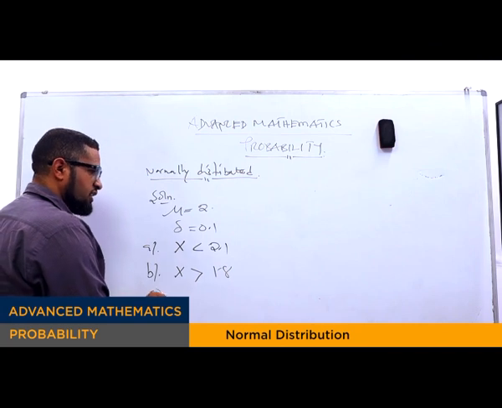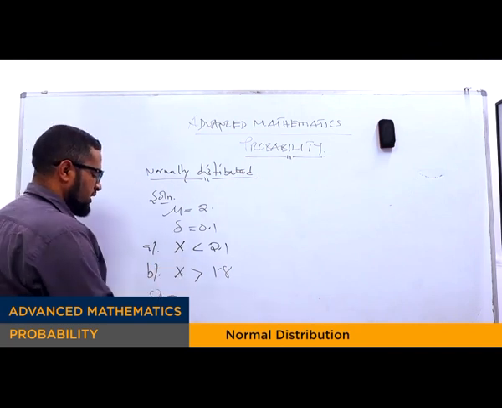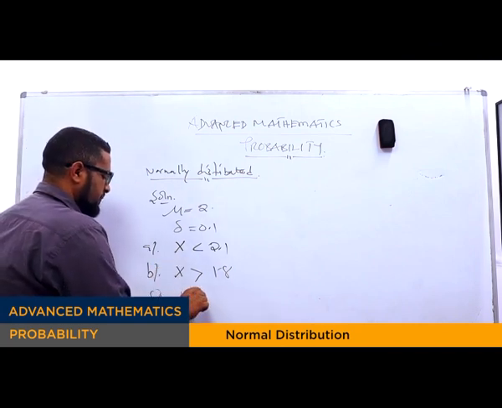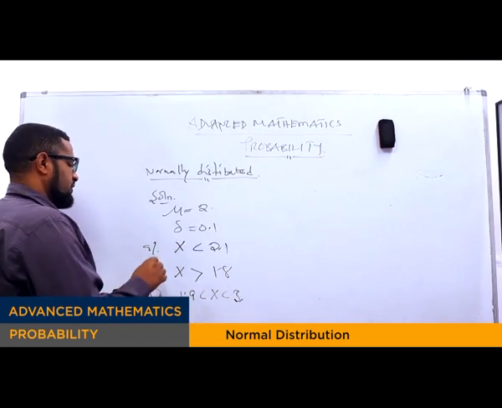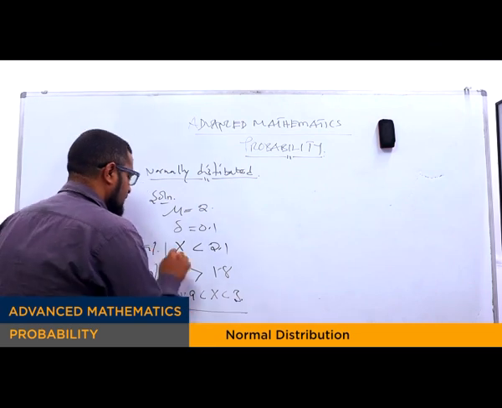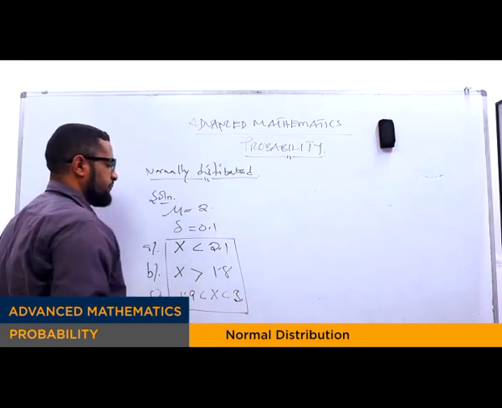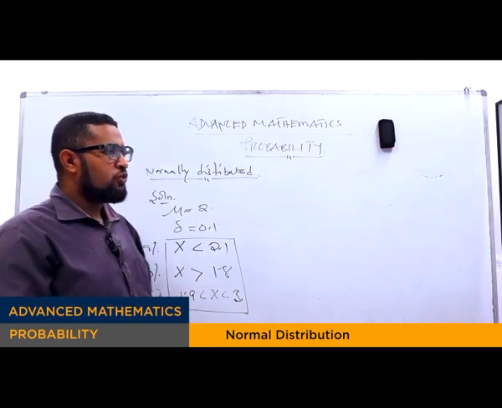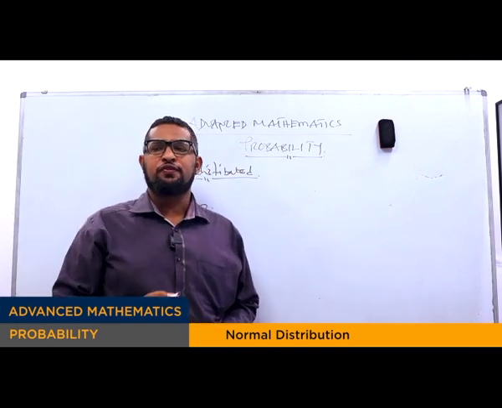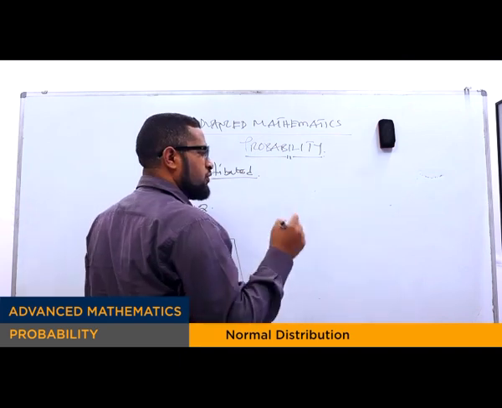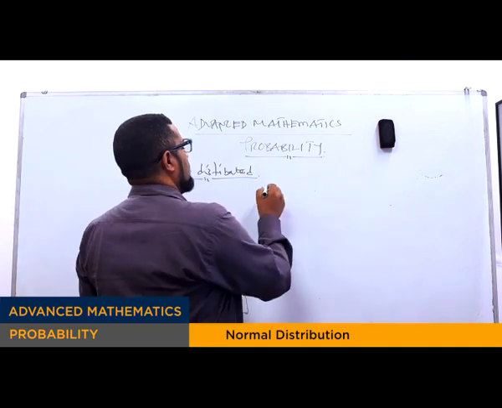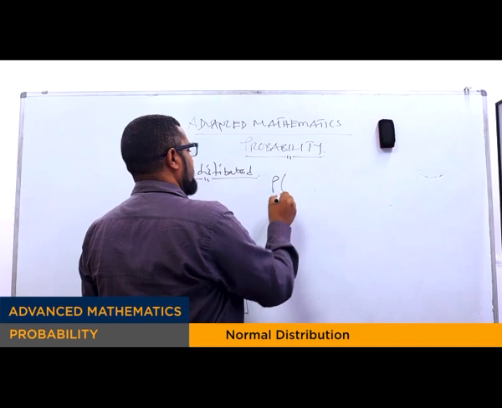And part C, when x lies between 1.9 and 3. These are the given variables. Now, how do we determine the inequality for this standard mark?